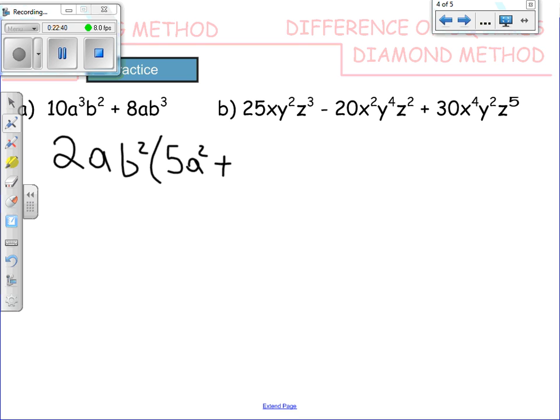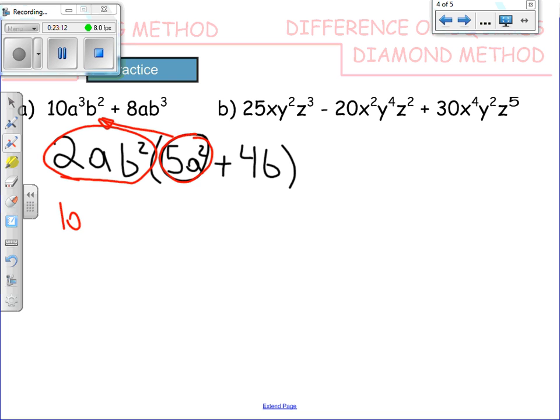What is a good question? So let's look at the first one. That 5a squared comes from that divided by that. So if we were to write that out, 10a cubed b squared, and we were to divide it by 2ab squared.